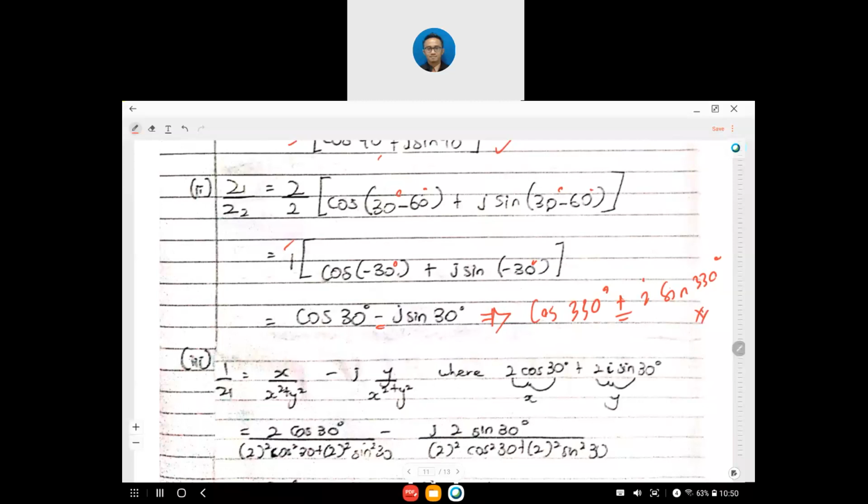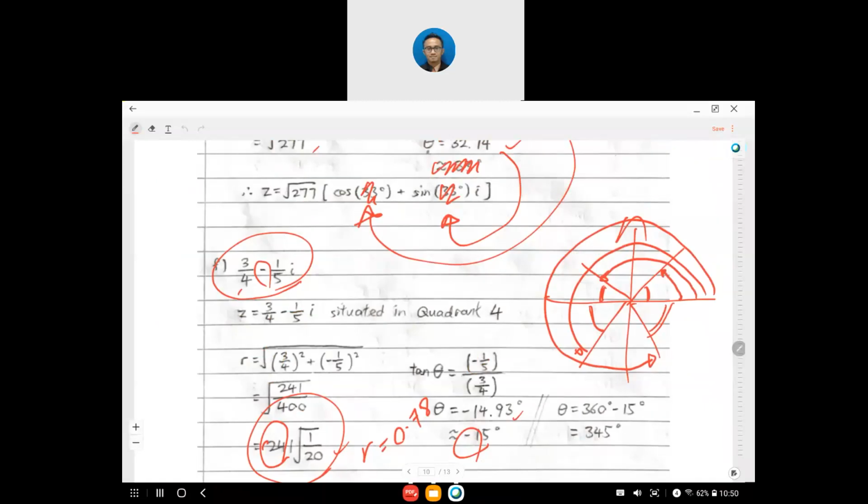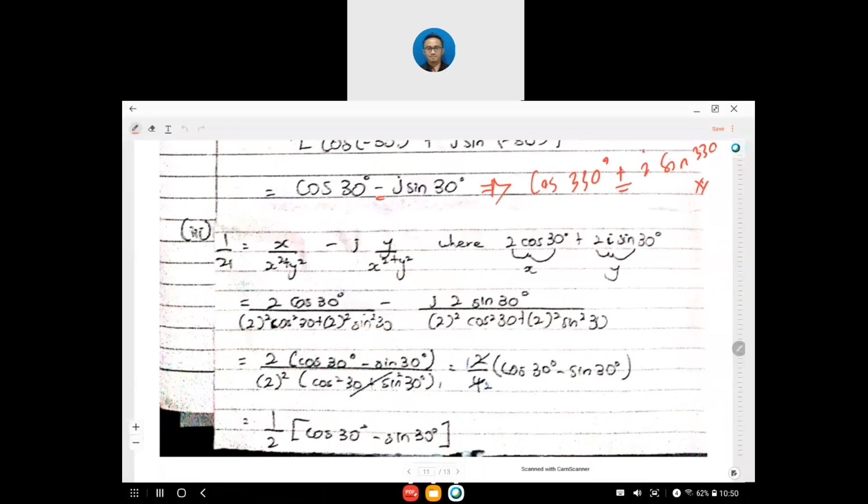Okay, 1 over Z1. So also same thing. Change 1 to the polar form. So r is also equal to 1, and then theta equal to what?